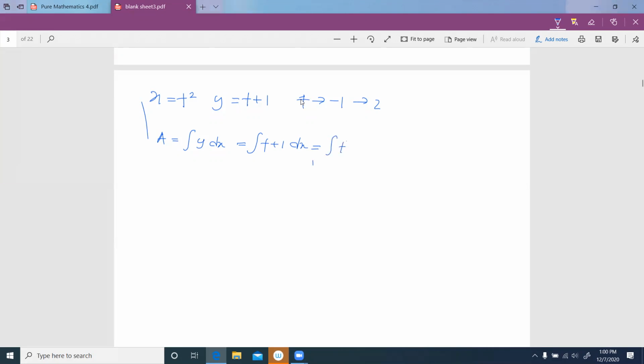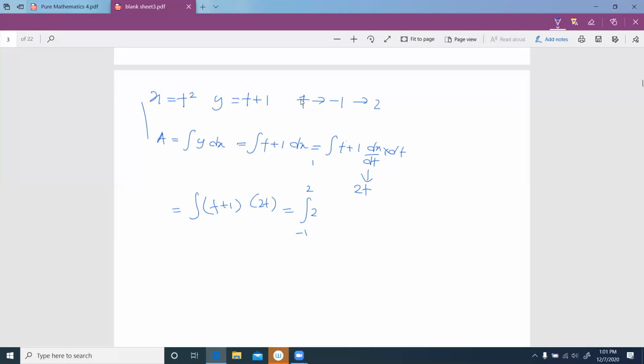So you can say t plus 1 into dx over dt into dt. We know that over here x equals to t squared, so dx over dt turns out to be 2t. Then you can write this as integration of t plus 1 into 2t. The boundaries are under minus 1 to 2 because the t boundaries are just like that.